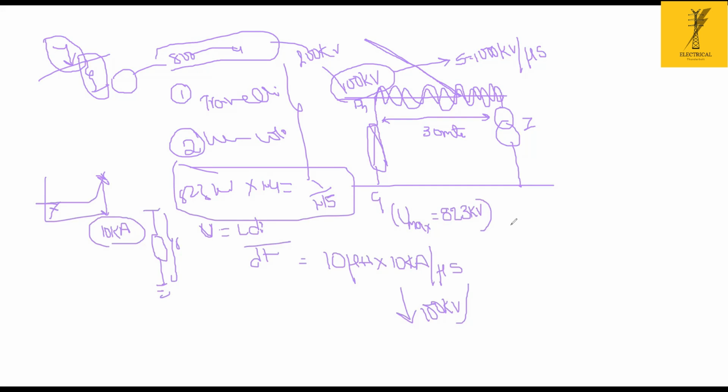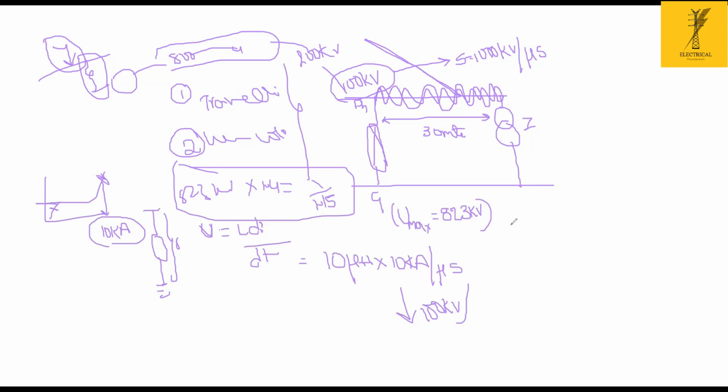But the protective level of my lightning arrestor depends upon the lightning arrestor selection. In the sense of how much discharge current you are selecting through that lightning arrestor, whether 5K, 10K or 20K, and the other thing, the line discharge class of the lightning arrestor.